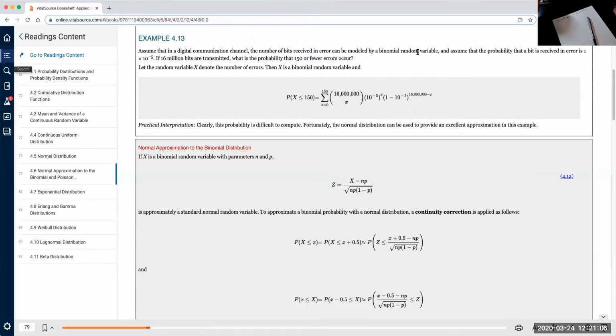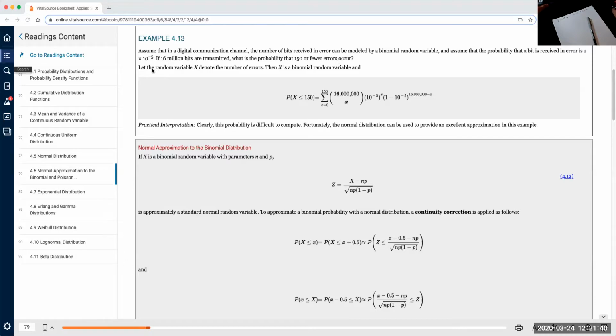We check whether or not the communication channel receives an error, so we have only two outcomes: the bit is received in error or not, right? They assume that the probability that a bit is received in error is 1 times 10 to negative 5. If 16 million bits are transmitted, it's really huge, right? What is the probability that 150 or fewer errors occur?